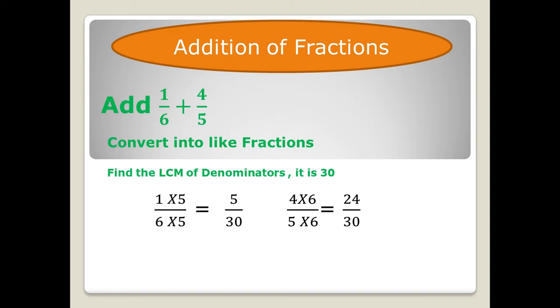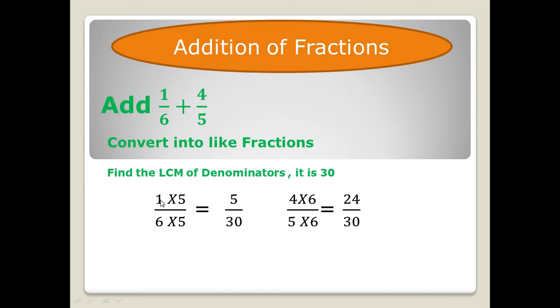So in order to make these fractions like fractions, we will multiply the denominator in such a way that it becomes equal to the LCM. As the LCM is 30 and we have the fraction 1 over 6, we will multiply the denominator 6 with 5 to make it 30.